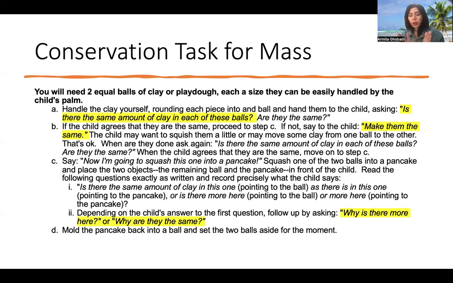For example, you cut the Play-Doh in half into two exactly equal balls, and you ask them, hey, is there the same amount of Play-Doh in each of these balls? They're going to say yes or no. You have to make them understand that these two balls are exactly equal and identical in mass. Then you can go ahead and follow the other parts of the experiment.